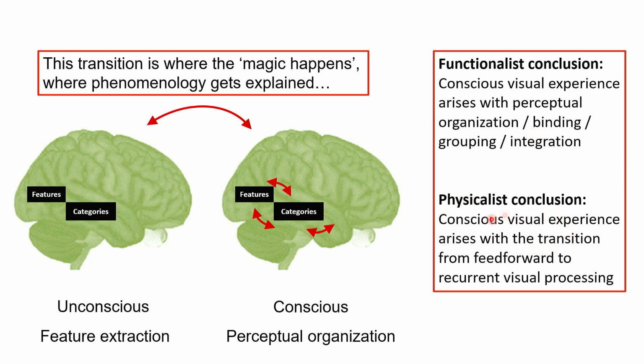And of course, the more physicalist conclusion will be, conscious visual experience arises with the transition from feed-forward to recurrent visual processing. Now, why exactly that would be the case is, of course, a different matter. I mean, feed-forward and recurrent processing, in the end, it's all neurons doing action potentials. So why would there be something magical with recurrent processing as opposed to feed-forward processing? That's, of course, a question you could ask.